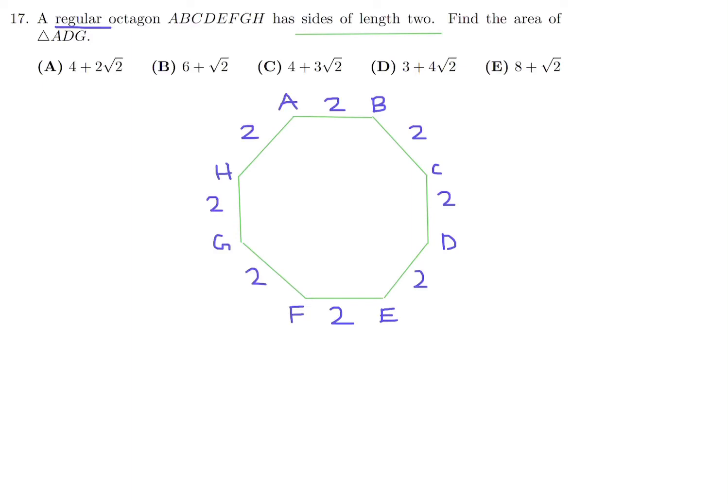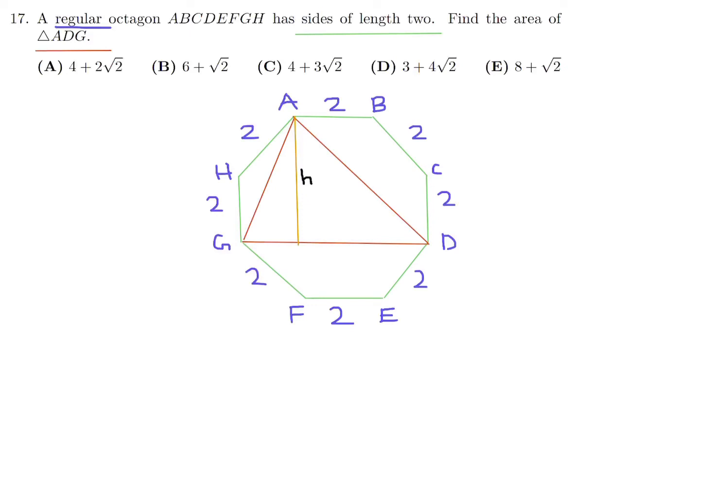And what do they want you to figure out? They want you to figure out the area of ADG. So A to D to G. That triangle is what they want you to figure out the area of. I think it'll help if I drop a perpendicular from A down to the bottom, and that will be our height, of course.